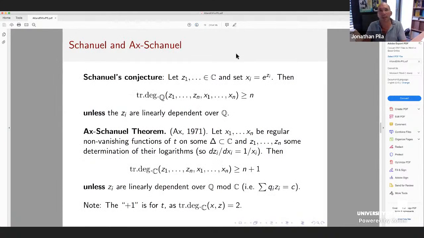So, to describe the Ax-Schanuel connection, I'll return to Schanuel's conjecture.